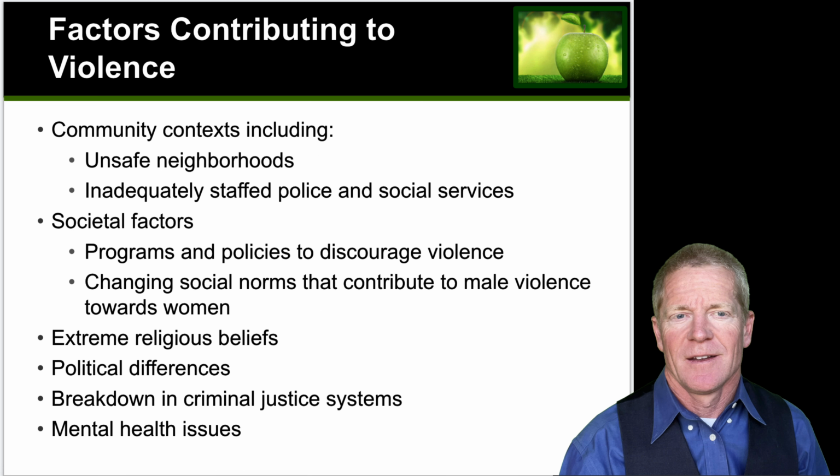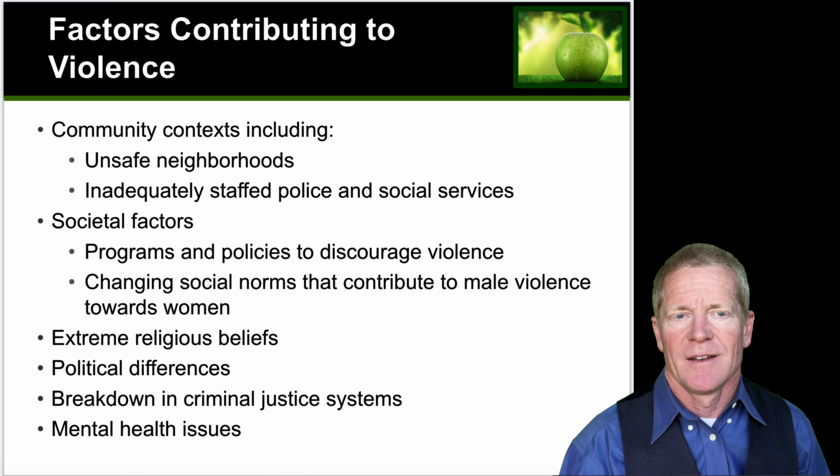So what are some factors contributing to violence? In the community context, unsafe neighborhoods can be sources of violence. Neighborhoods that are inadequately staffed with police, and neighborhoods that do not have requisite social services to support people are particularly at risk for violent crime.